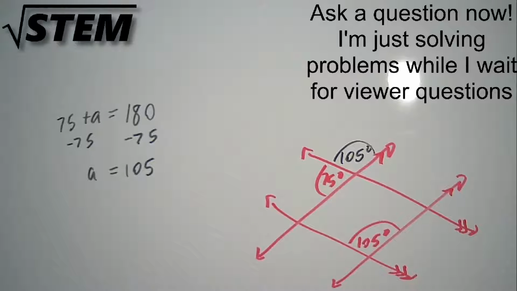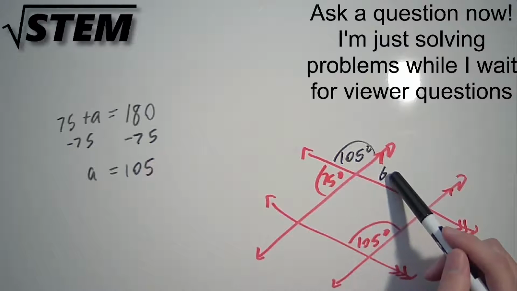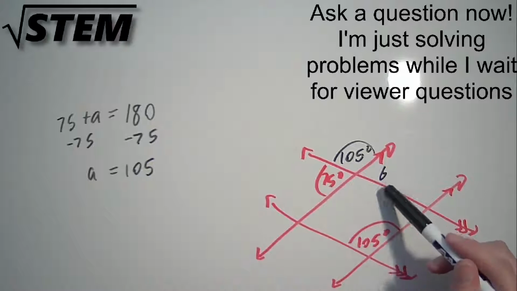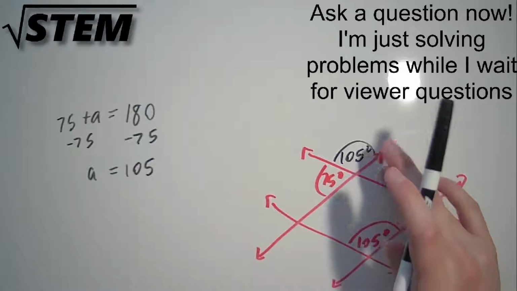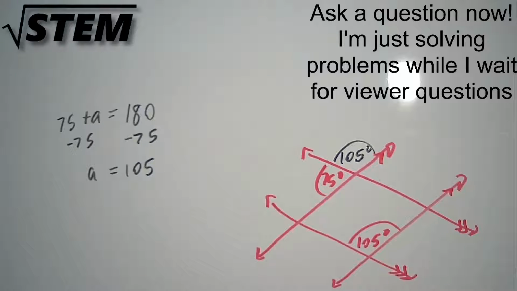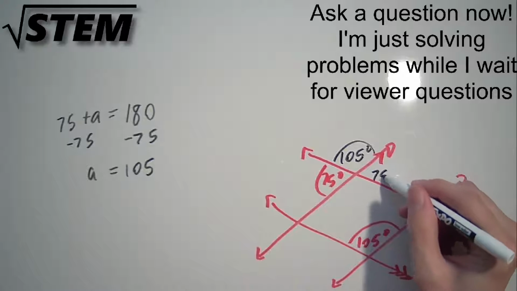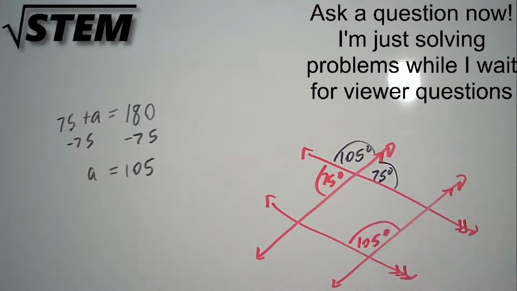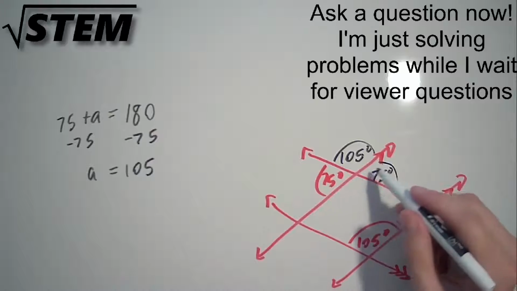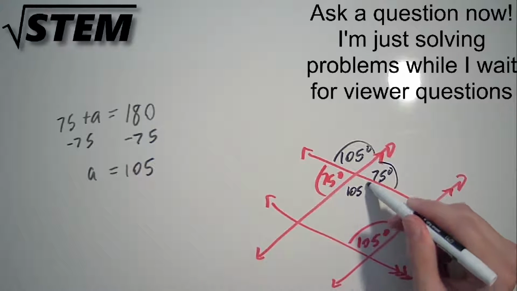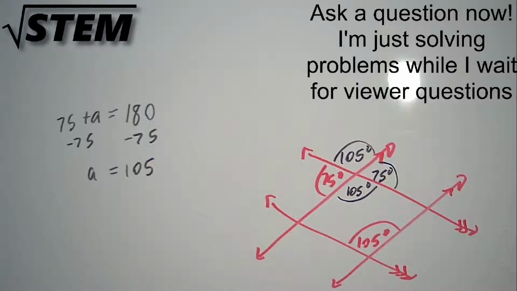Then, by that same logic, if we look at this angle, maybe we say that's B, then 105 plus B has to be 180. But we already know that 180 is 105 plus 75. So this side has to be 75 degrees. And then if we do that same argument again, we find that this angle is 105.